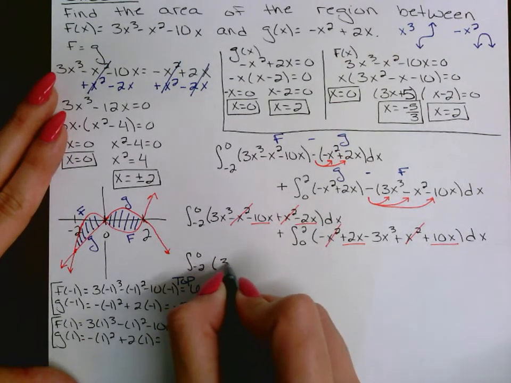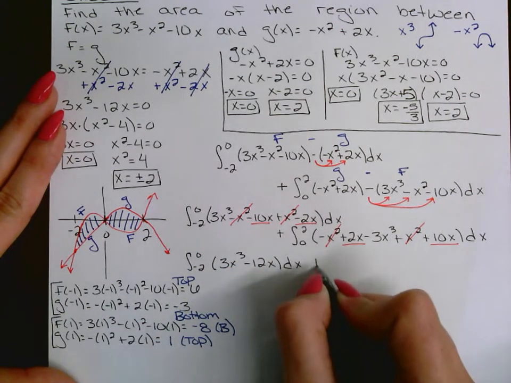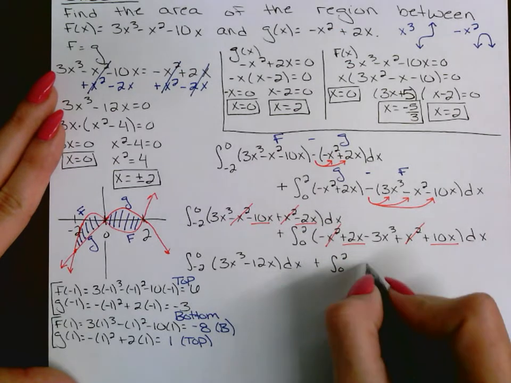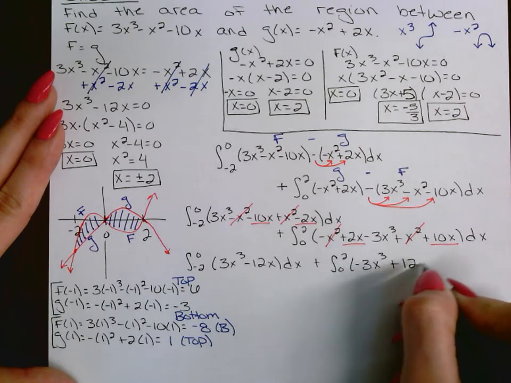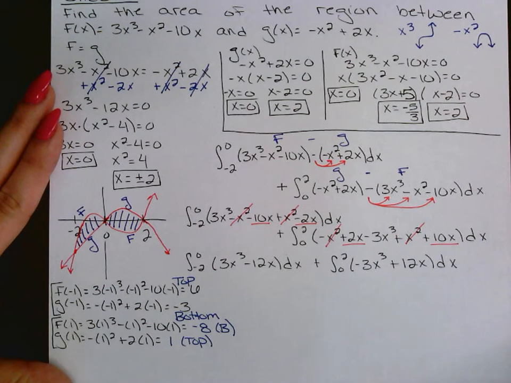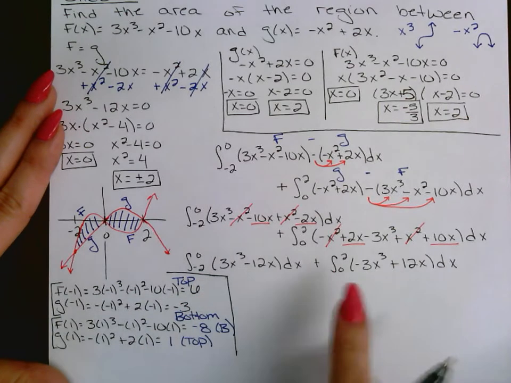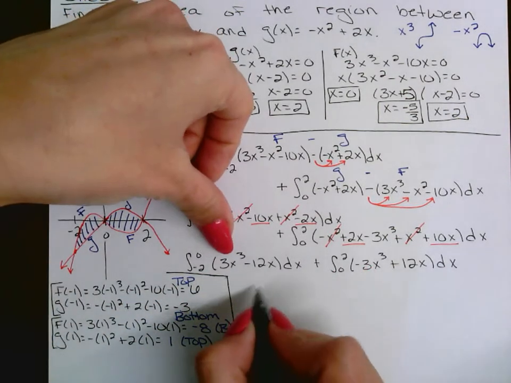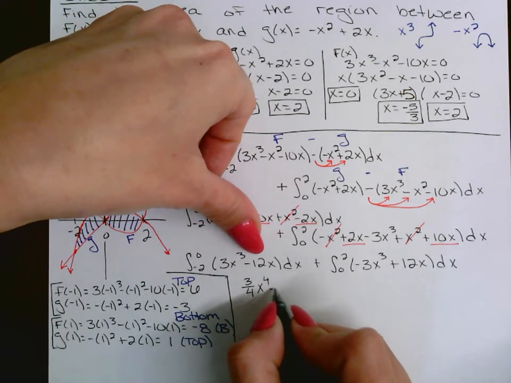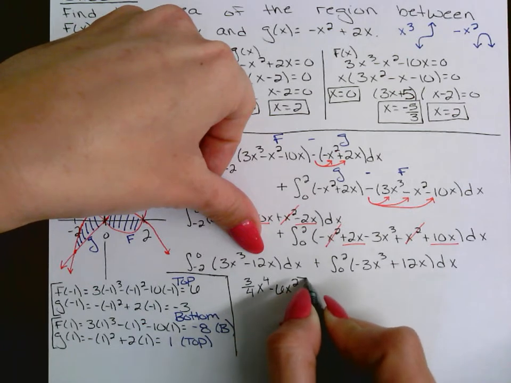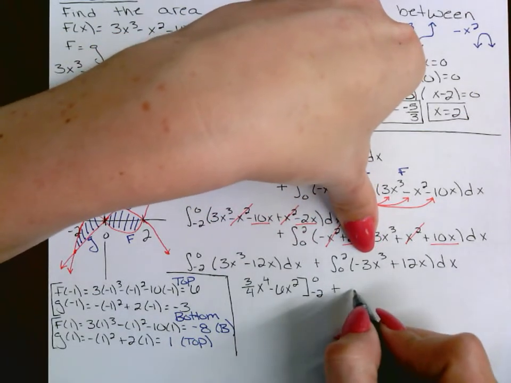So I have, all right, and this portion shouldn't be too bad because my antiderivatives do end up being the same. Antiderivative here. Good, and then here. Good, and this goes from -2 to 0. Plus, same thing, just opposite signs.